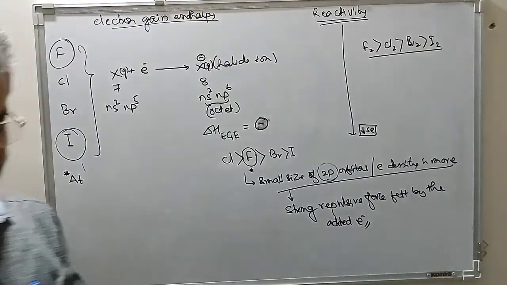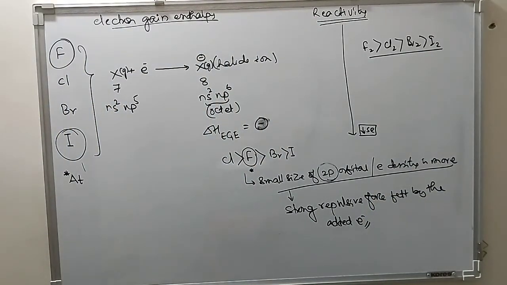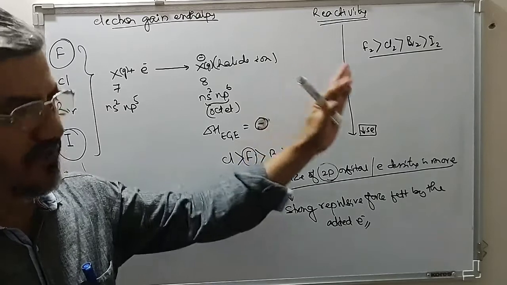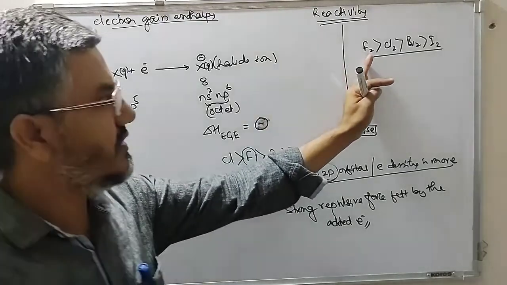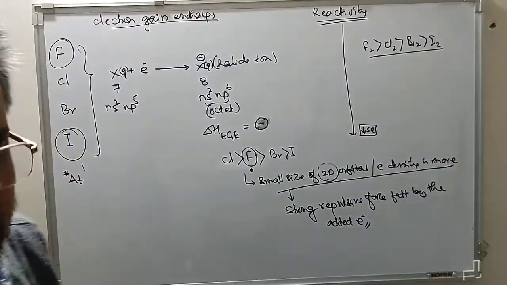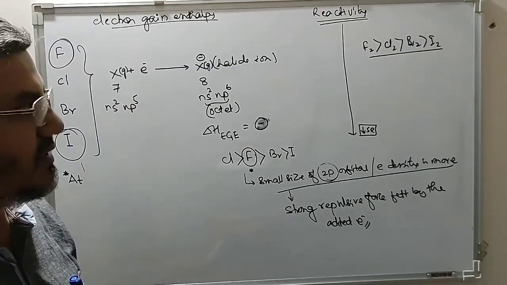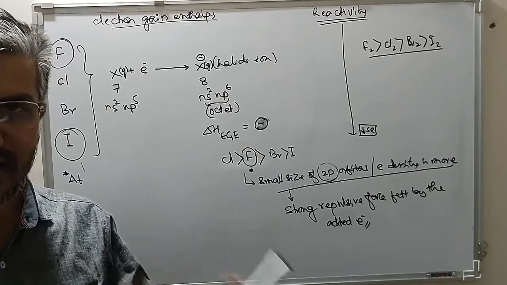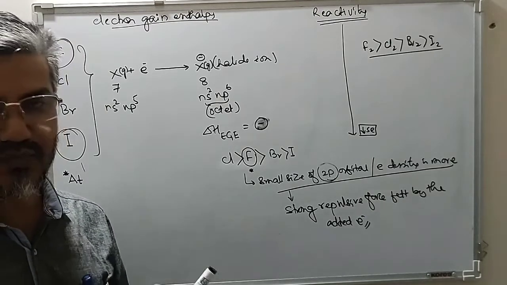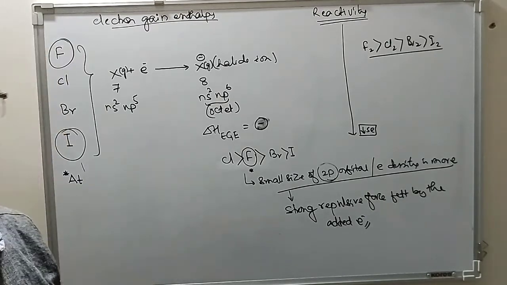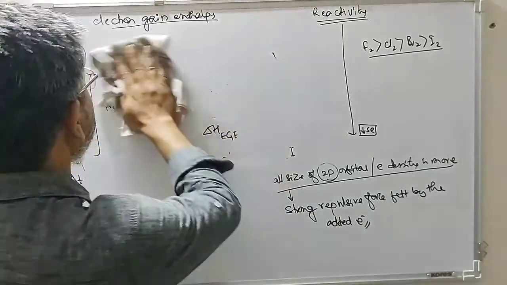Now we have to explain this reactivity sequence. Fluorine being the most reactive, iodine is the least reactive. Whenever we have a reaction between fluorine and others, the reaction is highly exothermic and becomes explosive in nature, and it's very difficult to control the reaction also.